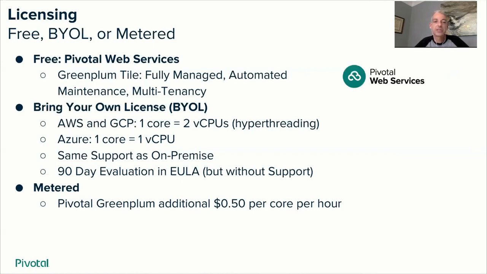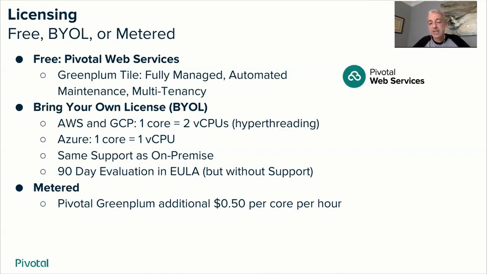In Azure, the instance types we have do not have hyperthreading, so for those deployments, counting vCPUs is 1-to-1 to cores. So 1 core equals 1 vCPU. And it's the same support as on-premise, so you get the same level of support with bring your own license, whether it be on-premise or in the cloud.